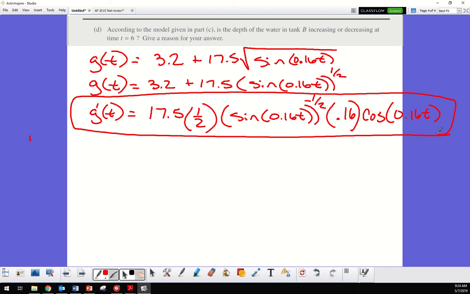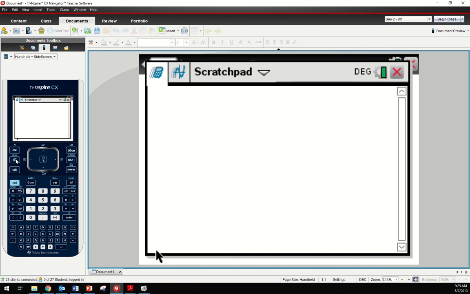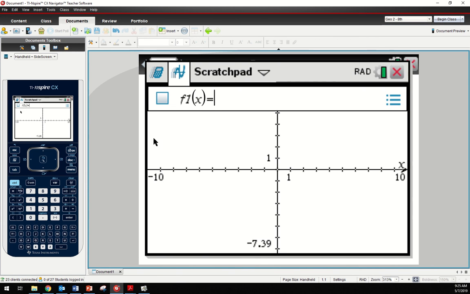And so now we could have just gone into my function, so I'm going to pull up my calculator on this one. The calculator is right here, my scratch pad. I'm in radian. What was my function?